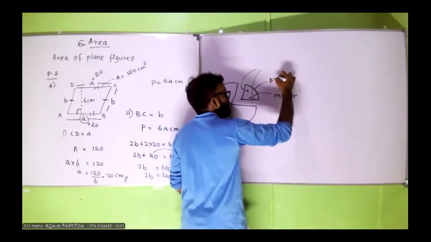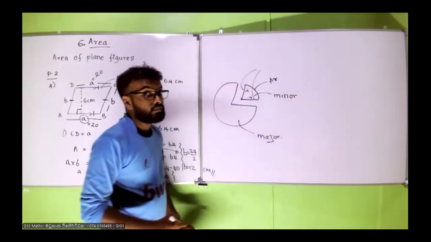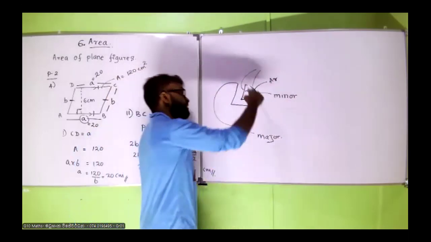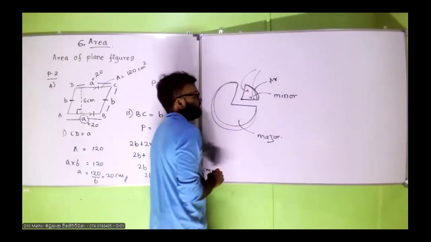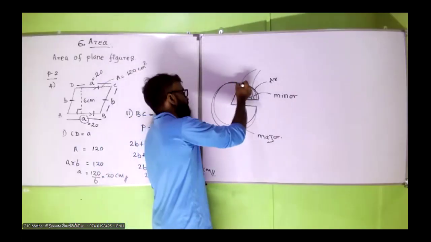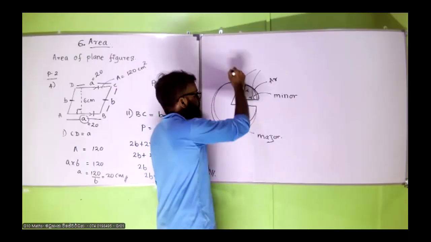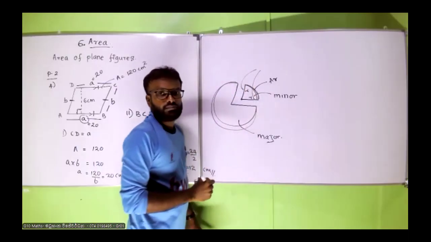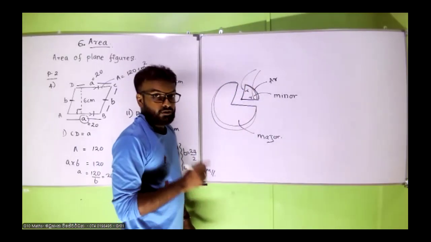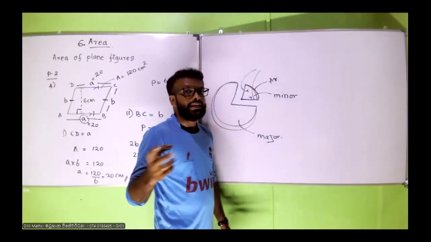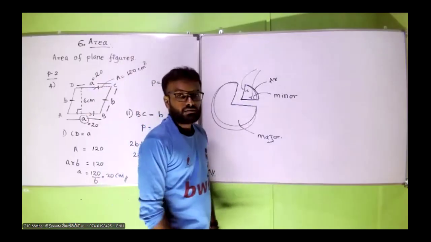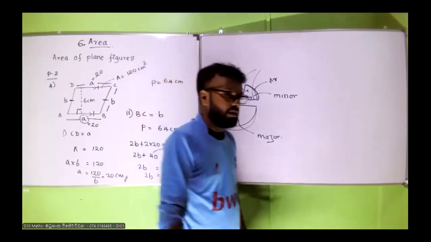This is called an arc. This is called the minor arc. This is called the major arc. And major sector, minor sector. Right? So a sector is bounded by two radii plus an arc. Keep that in your mind.